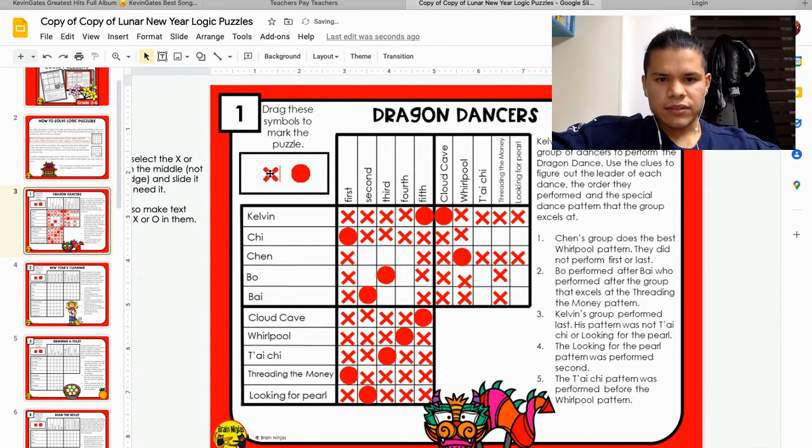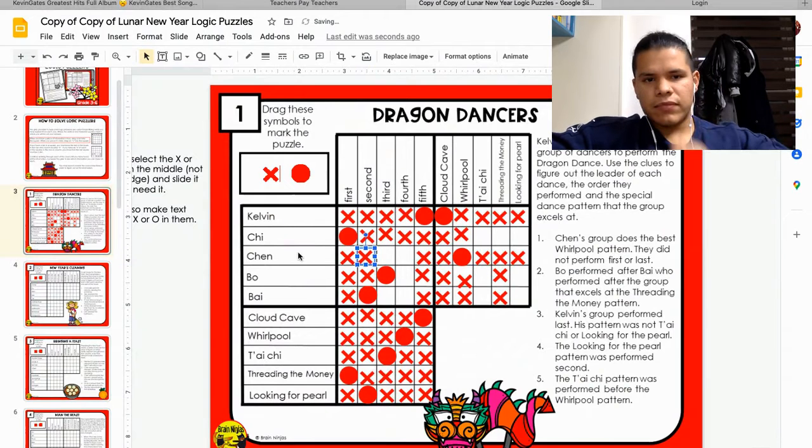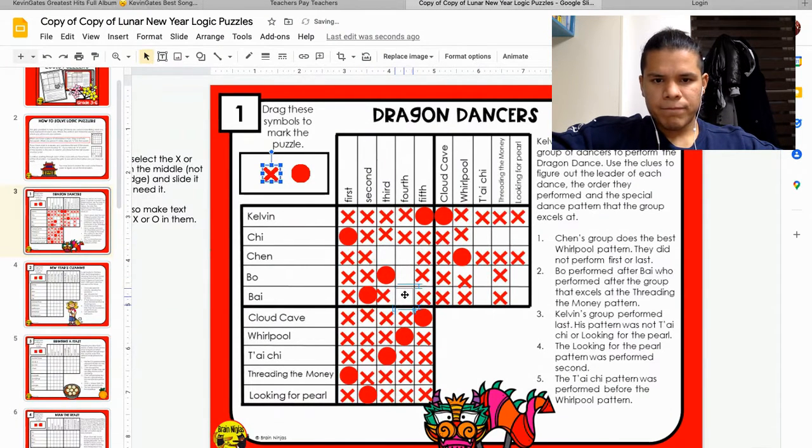All right, let's cross out the rest of these. Anything that goes vertical, anything that goes horizontal, and the same thing for Bo. Anything that goes vertical, anything that goes horizontal. And look, we're almost done. So we found out that Chen goes fourth.